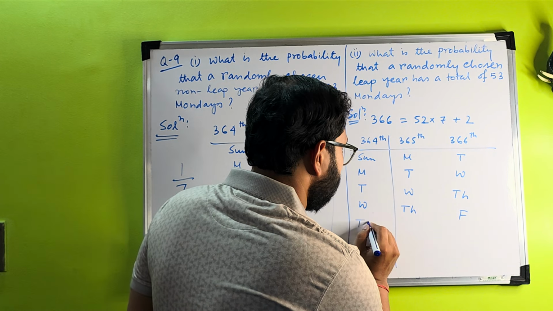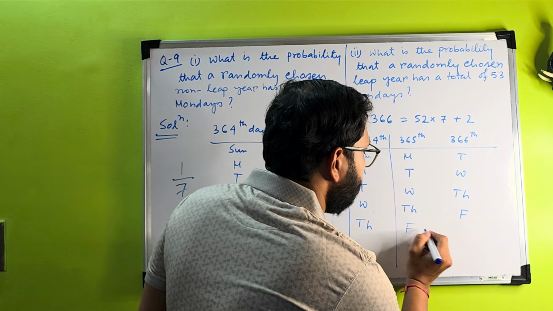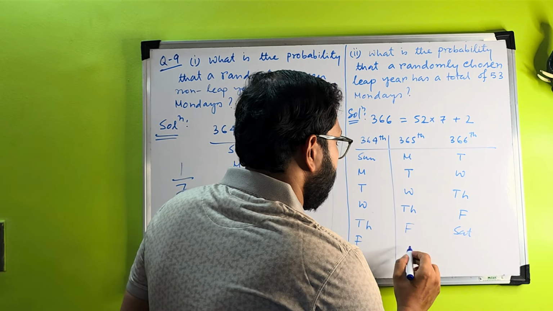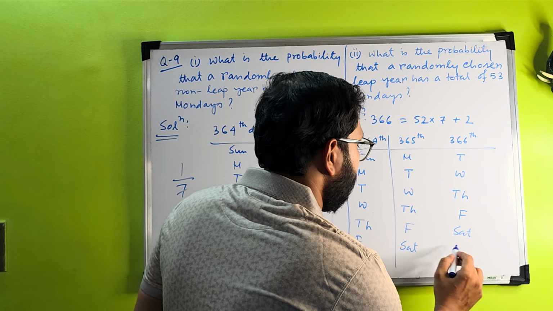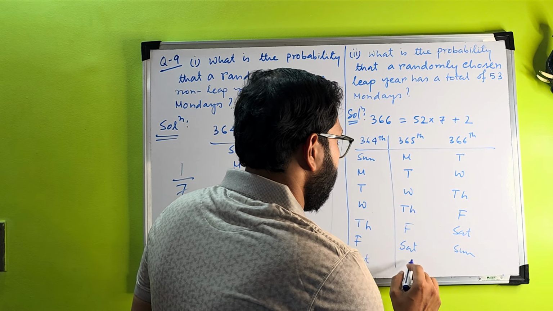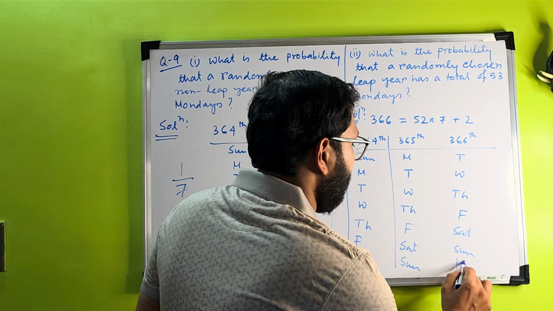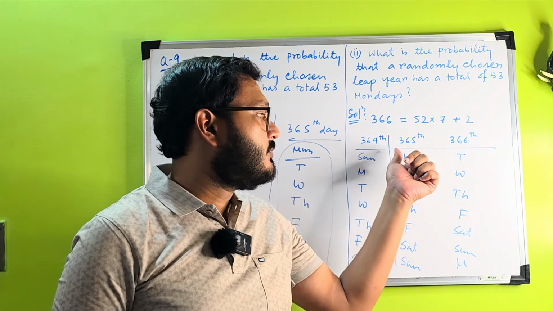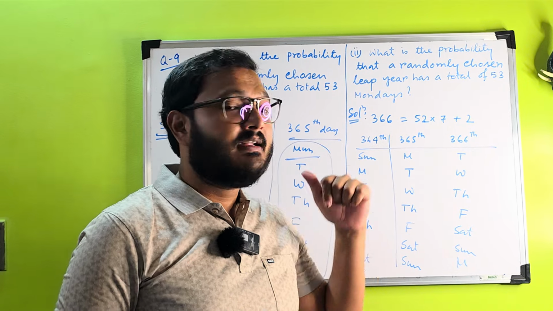If it is Thursday, it will be Friday and Saturday. If it is Friday, it will be Saturday and Sunday. If it's Saturday, it will be Sunday and Monday. So these 2 days will create the difference.